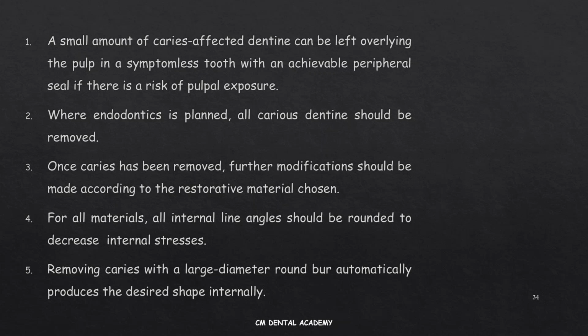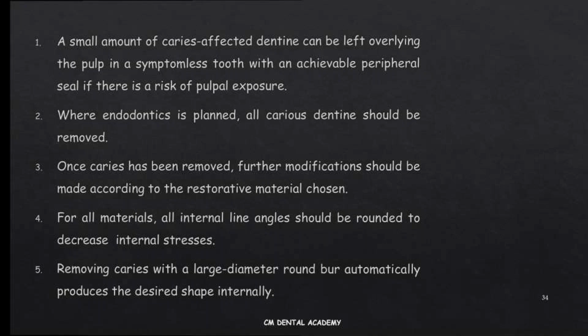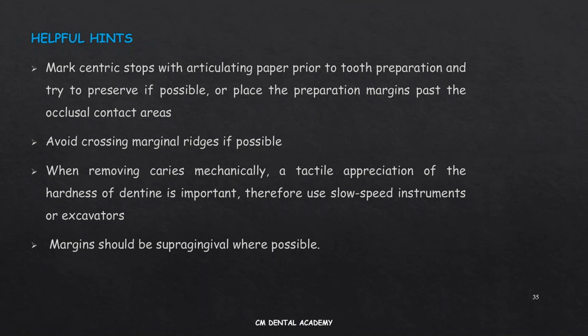For all the materials, an internal line angle should be rounded to decrease the internal stresses. Otherwise, these are the sites of fracture mainly. Removing caries using a large diameter round bur automatically rounds the line angles. A few helpful points: mark the centric stops with articulating paper prior to the tooth preparation.